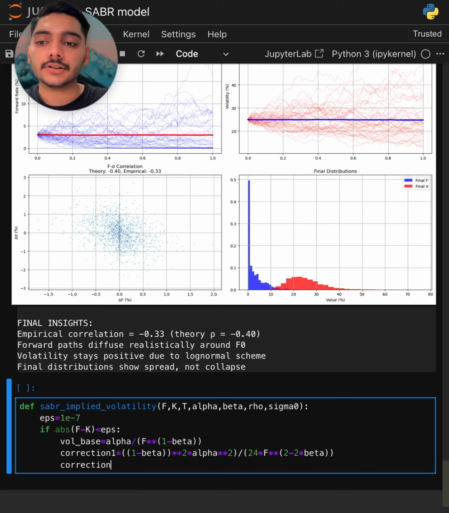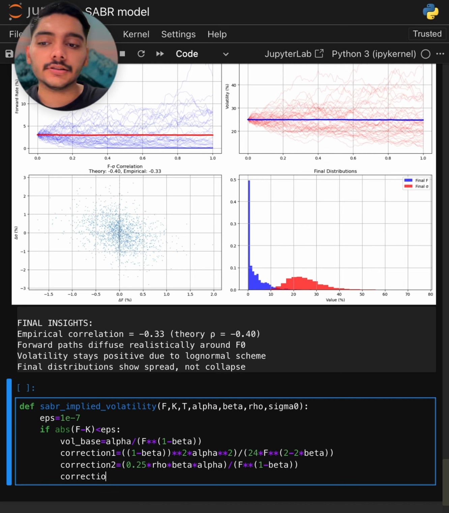The correction 2 will be 0.25 into rho into beta into alpha upon f to the power 1 minus beta.